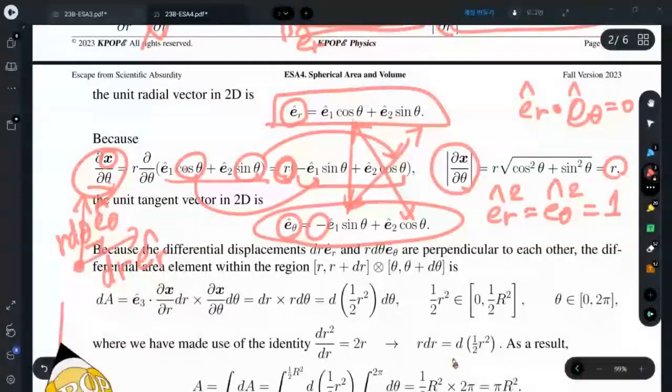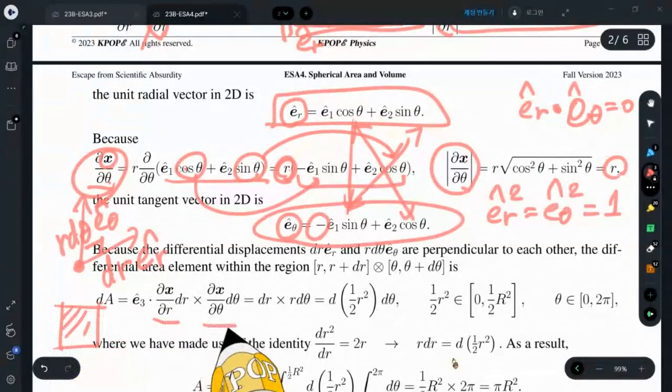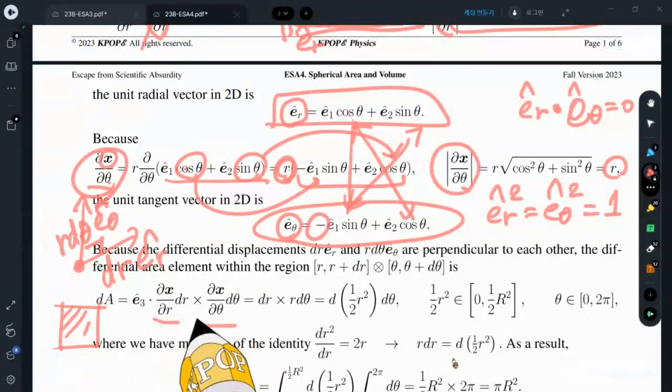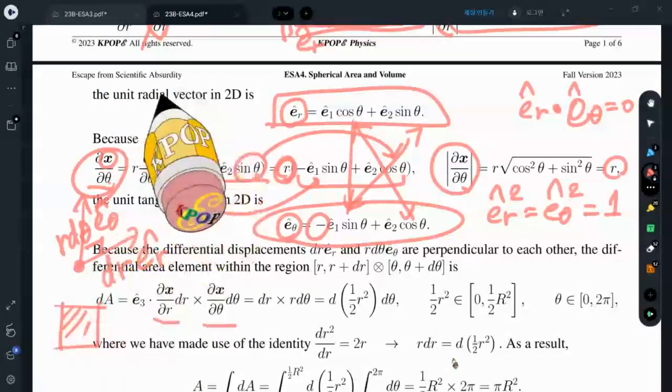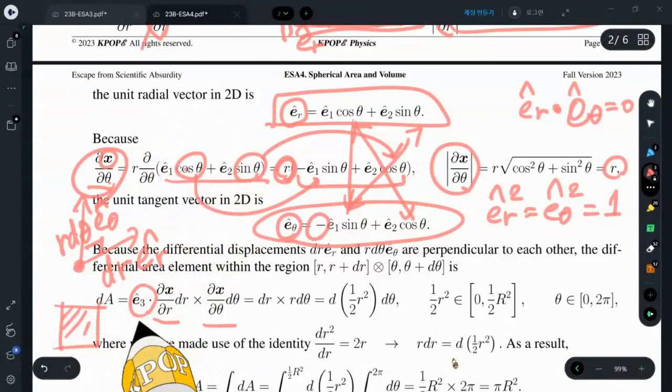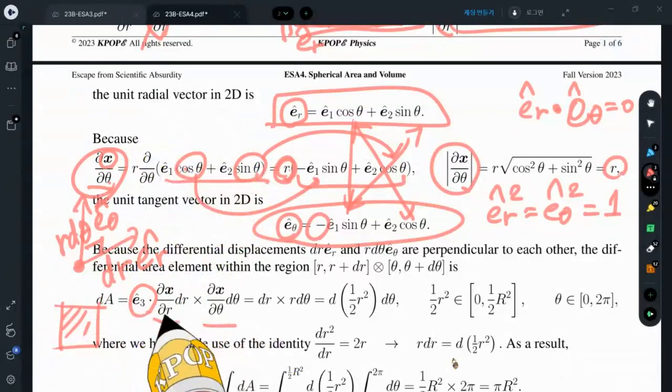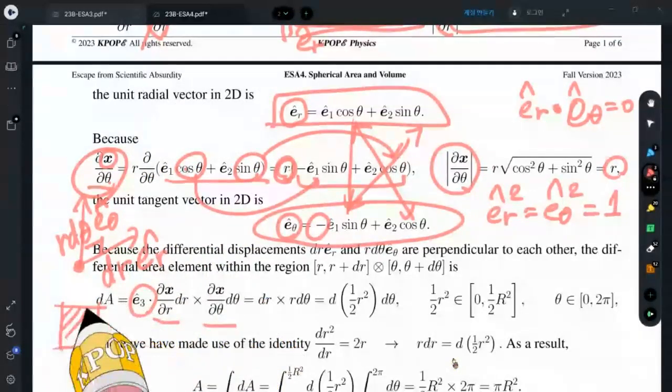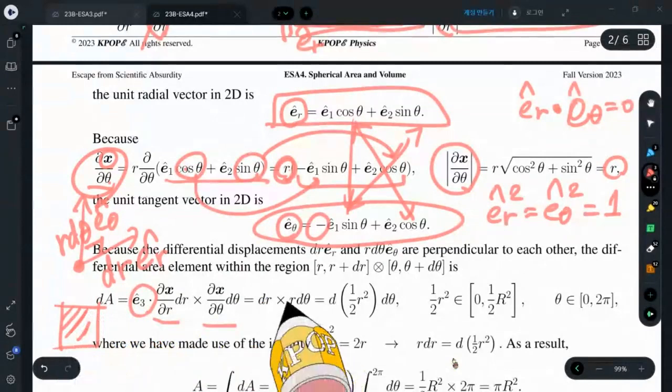So that means it is a rectangle. And we can compute the cross product, and the cross product must be proportional to the z-axis. So this triple scalar product will give the area of this rectangle.